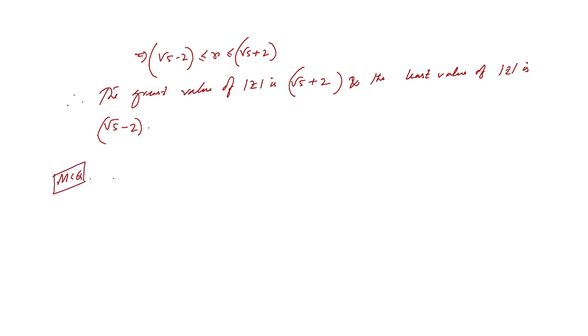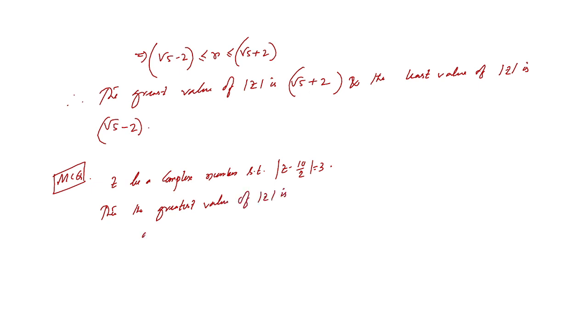So in that case, you are given the question: let z be a complex number such that mod of z minus 10 by z equals 3, then the greatest value of mod z is, and the options are A, 2, B, 5, C and D, 10.